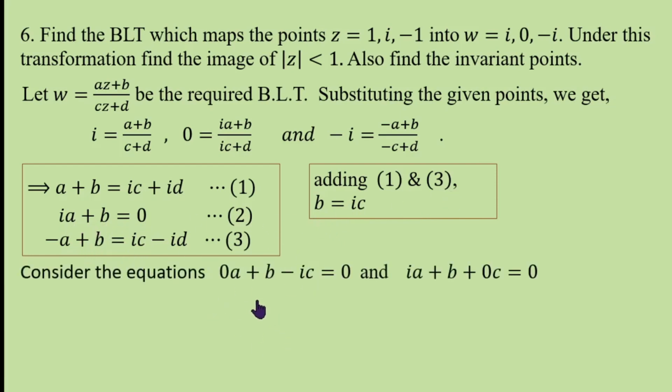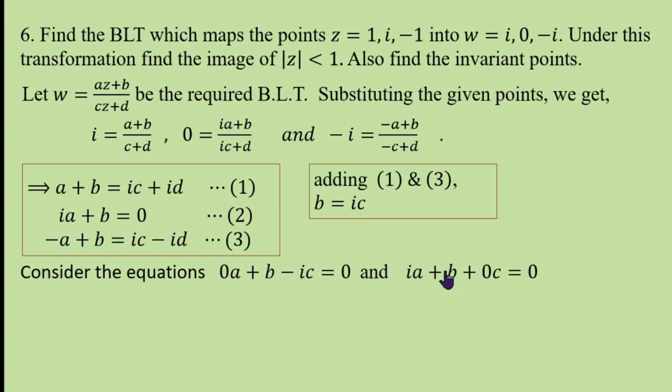Using these, you can write B equal to iC as 0A plus B minus iC equal to 0, and iA plus B plus 0C equal to 0, because there is no C in the second equation, therefore write it as 0C. First start with B and then C and then A.